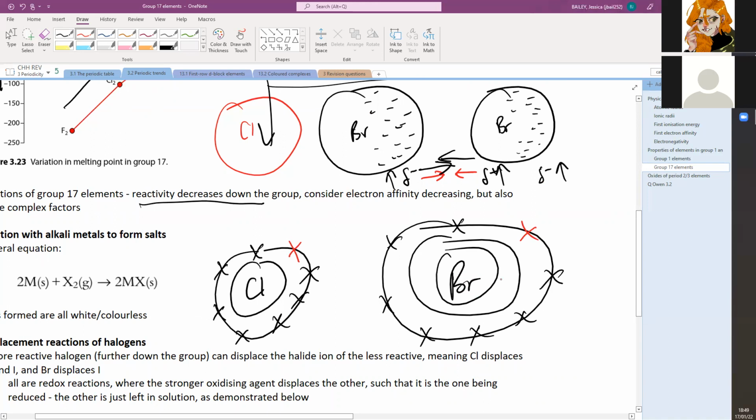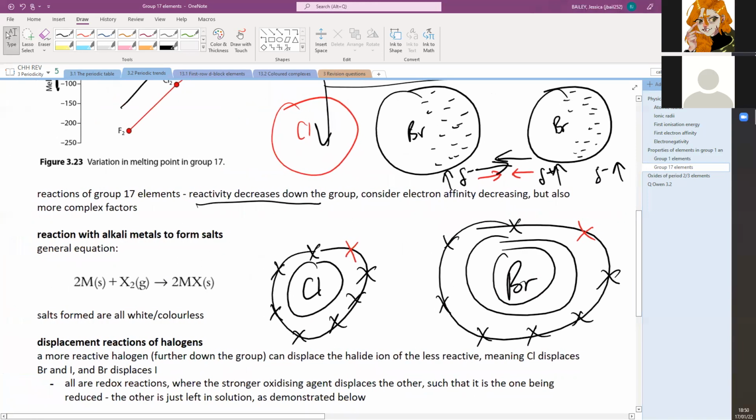It doesn't really want to get into reactions as much as chlorine does, because these electrons on the outside are very highly shielded. They don't feel very much of an attraction to the nucleus. It's less worthwhile for bromine to get another electron than it is for chlorine to get another electron. And hence your reactivity will generally decrease down the group.